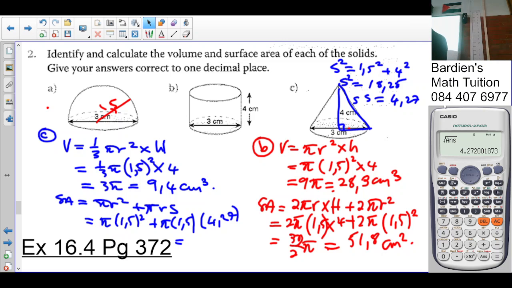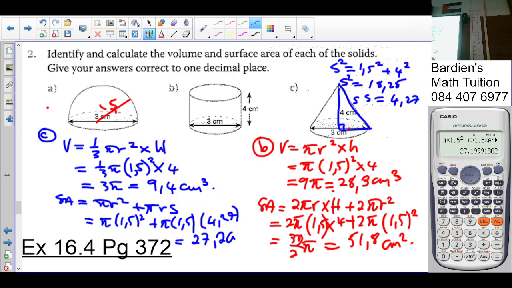Make sense, people? So you go pi times 1.5 squared plus pi times 1.5 times that last answer calculated, you get 27.2. Is that correct? 27.2 centimeters squared. Okay, that was a good sum.